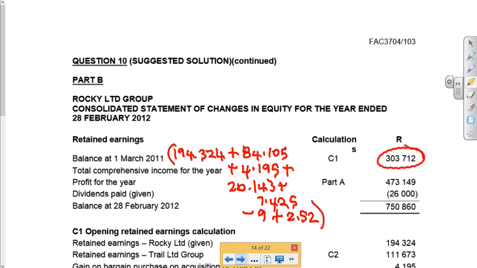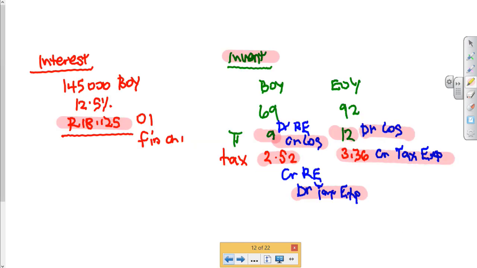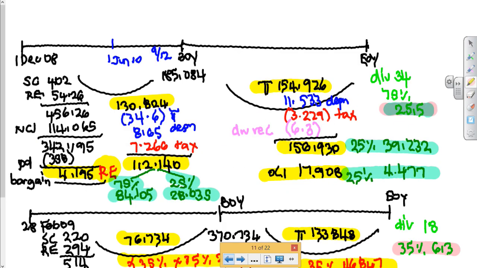Oh, that was for 9. Yeah, it's a different one. There I have a depreciation adjustment of 8,650, but in the current year I have 11,533. Yeah, it's 34.6 over 3 years, divide by 3, gives you for a full year 11,533.